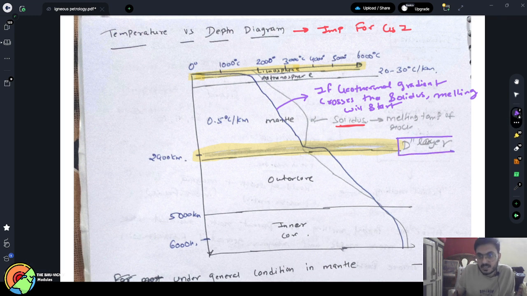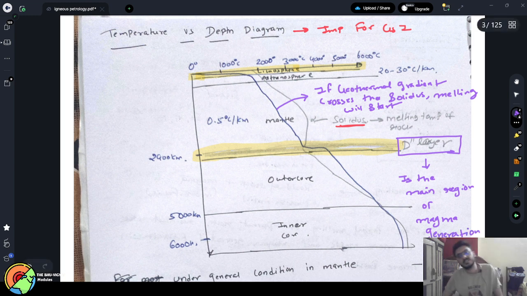This D double dash layer is the main reason of magma generation. And where is it present? It is present just above the outer core.